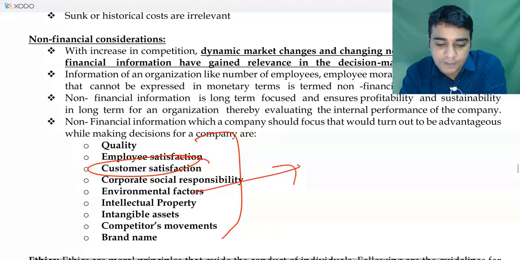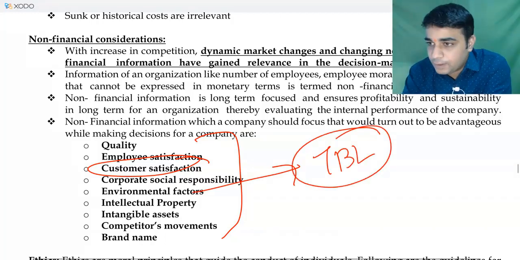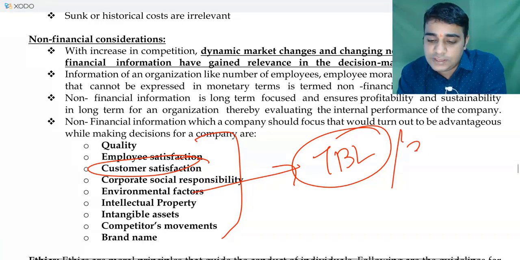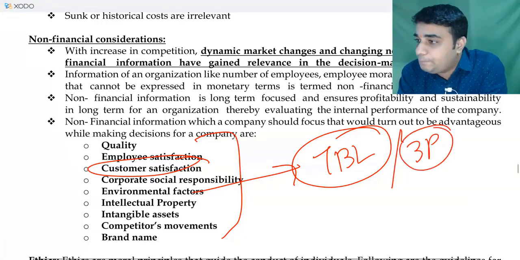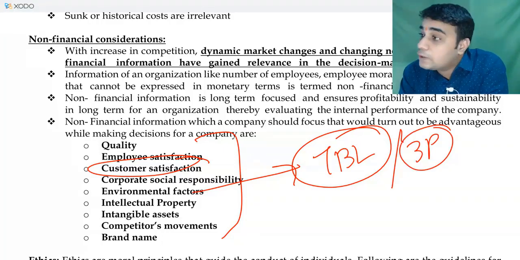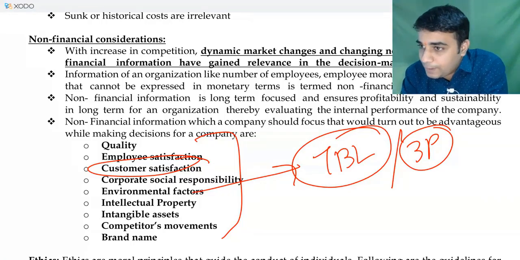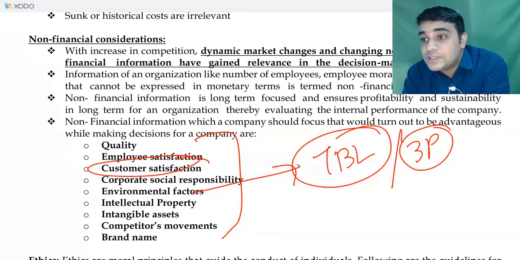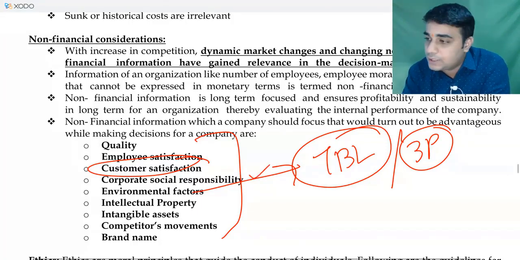Environmental factors are part of an analysis called TBL, the triple bottom line framework. Triple bottom line is basically that an organization needs to focus on three sets of people. TBL is also known as 3P: people, planet, profit. You need to focus on profit for shareholders. You also need to focus on planet, which is the environmental angle, and you also need to focus on people, which is the social angle, which is your corporate social responsibility.